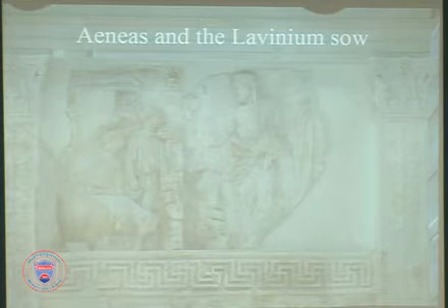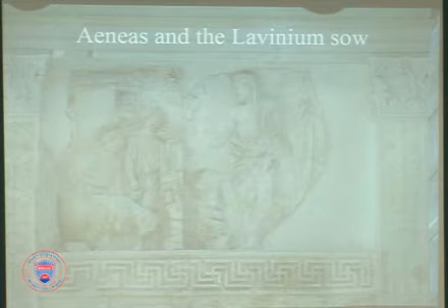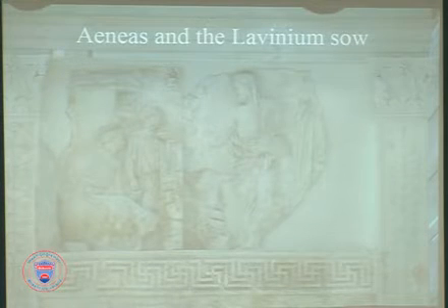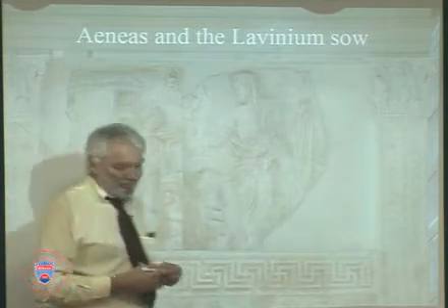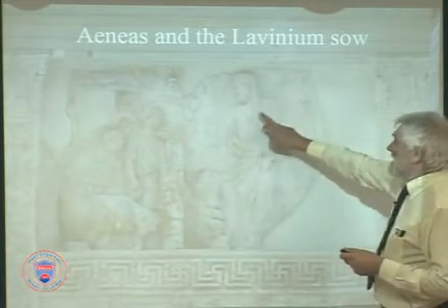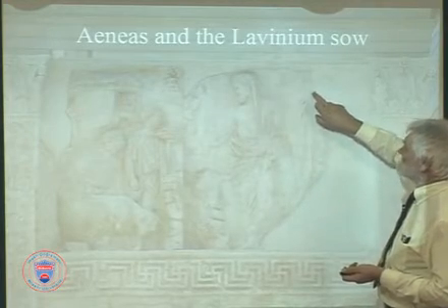But we can also look at this scene as if it was a Greek type scene, allegorical. It's referring to something else at the same time. Well, what could that be? Aeneas has a son, Julius Ascanius.